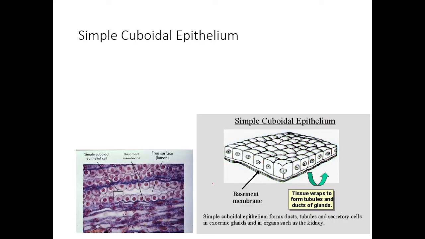Next one is simple cuboidal epithelium. What is simple cuboidal epithelium tissue? Again it is a sheet-like structure, but they are not that thin. They are cuboidal in shape.